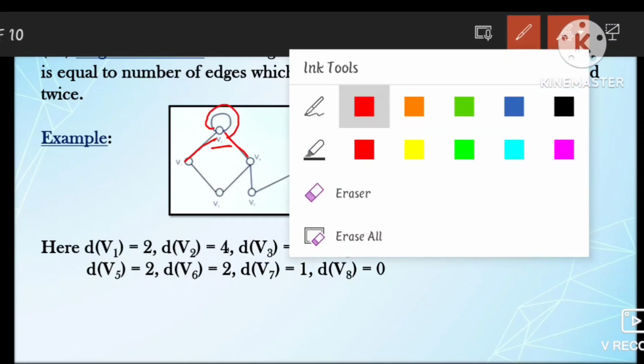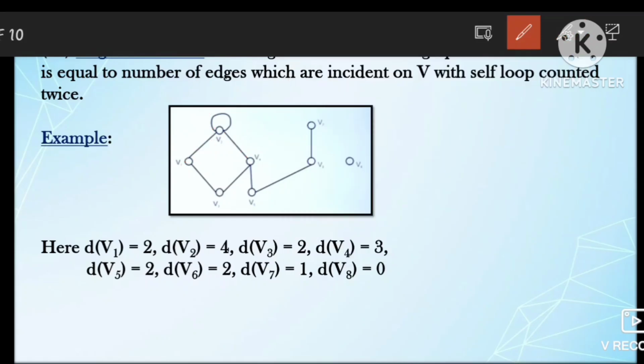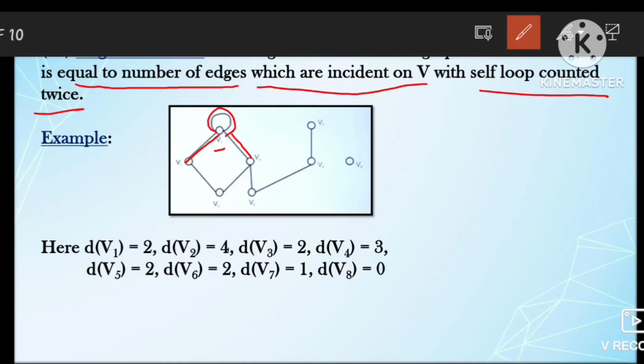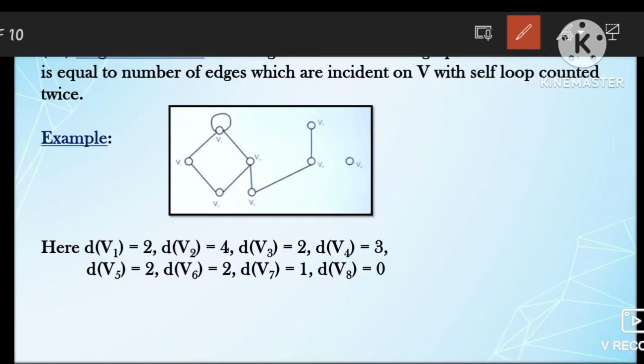In the definition you have seen that the degree of the vertex is equal to the number of edges which are incident on V, with self loop counted twice. So this V2 vertex is joined by this edge and this self loop. This edge is the first, this is number 2, and the self loop is counted twice, so it will be 2 more.